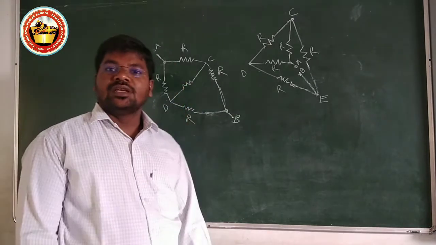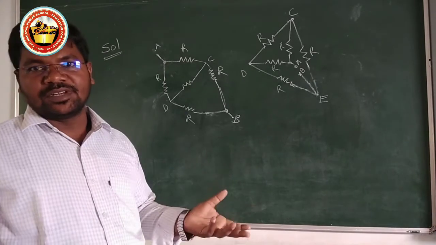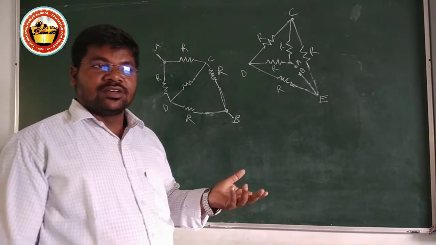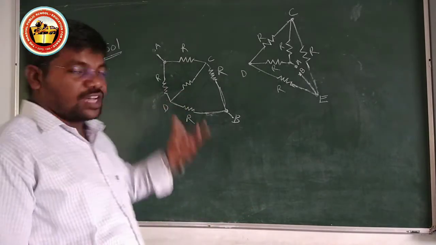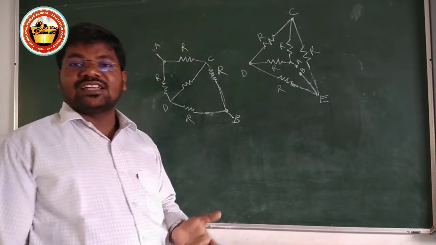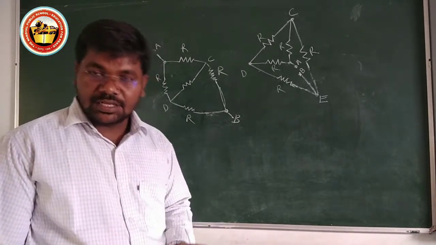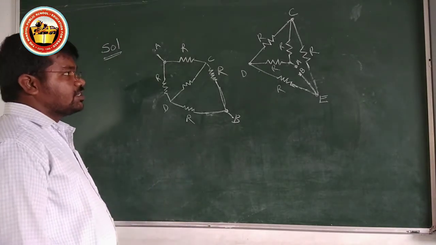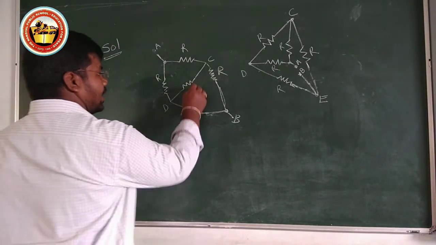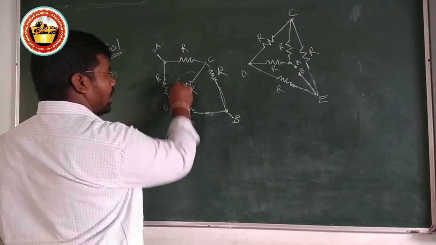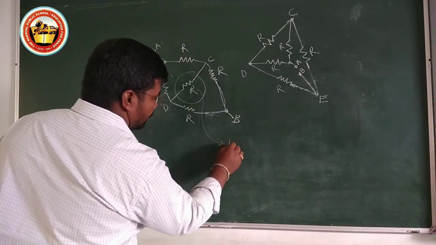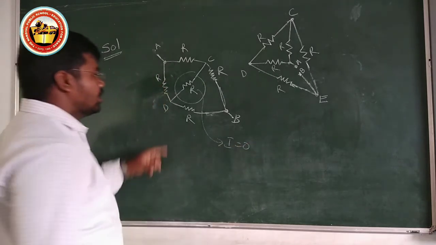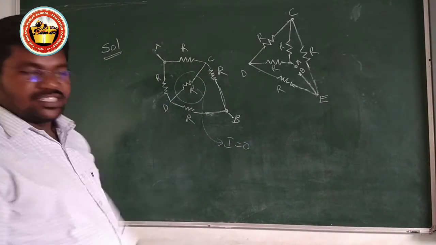Rearrange the diagram, so we can assume this is a Wheatstone bridge. If the ratio of the arms are the same, we can say the bridge is balanced. So at the balanced condition, the current passing through this CD arm is 0.